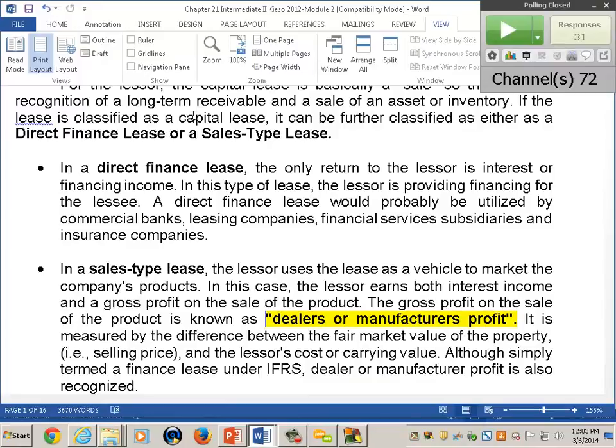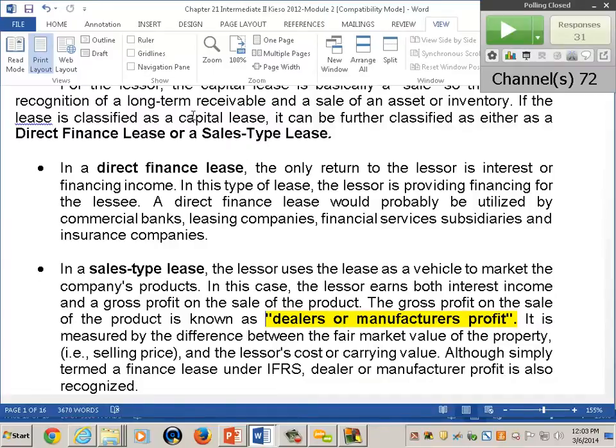Here, it's financing plus the sale. So you're using this as a way to market your product, and plus you're providing financing. So that's the difference: in a direct finance lease, a bank is only interested in interest revenue. They're providing financing to the lessee. And that's it.